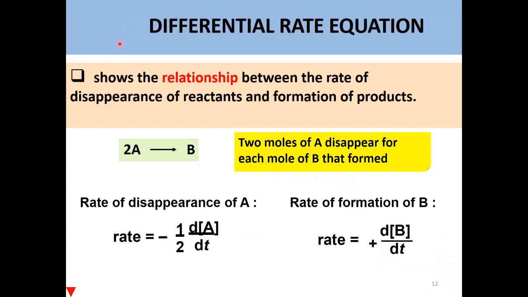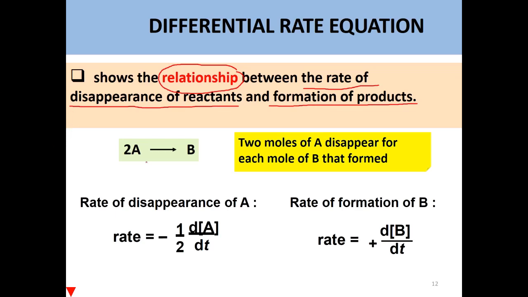Next we learn about the differential rate equation. The differential rate equation is basically the relationship between the rate of disappearance of reactant and formation of product.